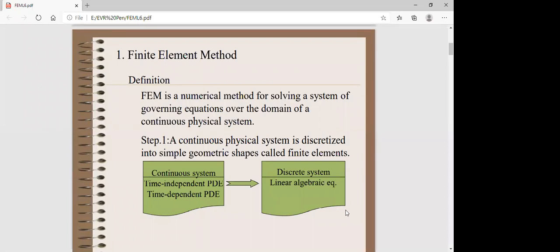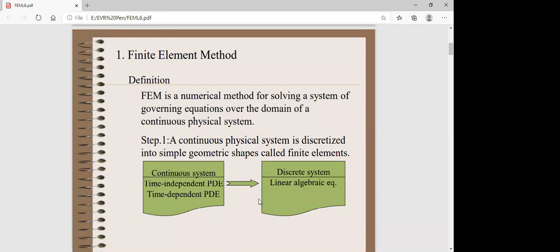So this is briefly the definition of the finite element method. Let us see what are the procedure steps which are involved in the finite element method, one by one. The definition we will tell in the procedure steps.